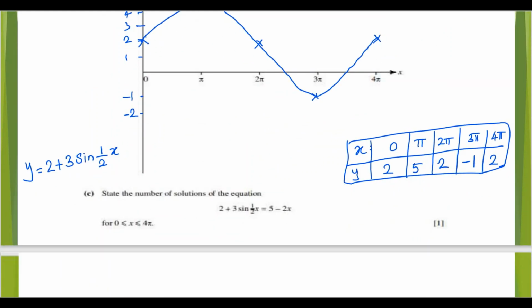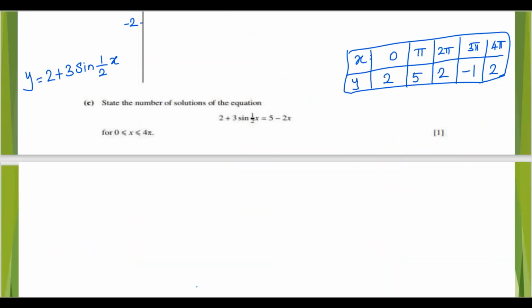The next part of the question is state the number of solutions of the equation 2 plus 3 sine 1 over 2x equal to 5 minus 2x. For this, first we need to draw the right hand side, that is 5 minus 2x.